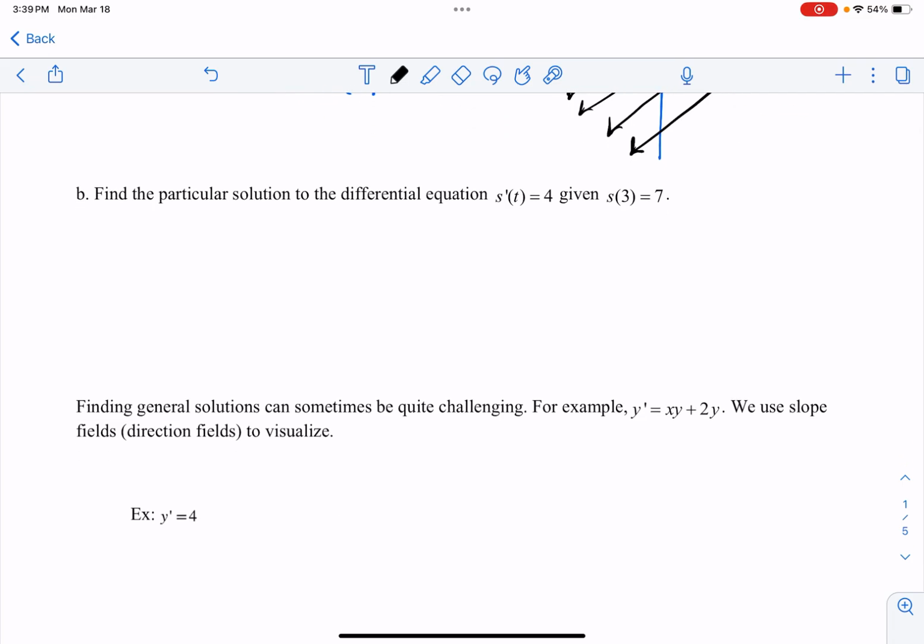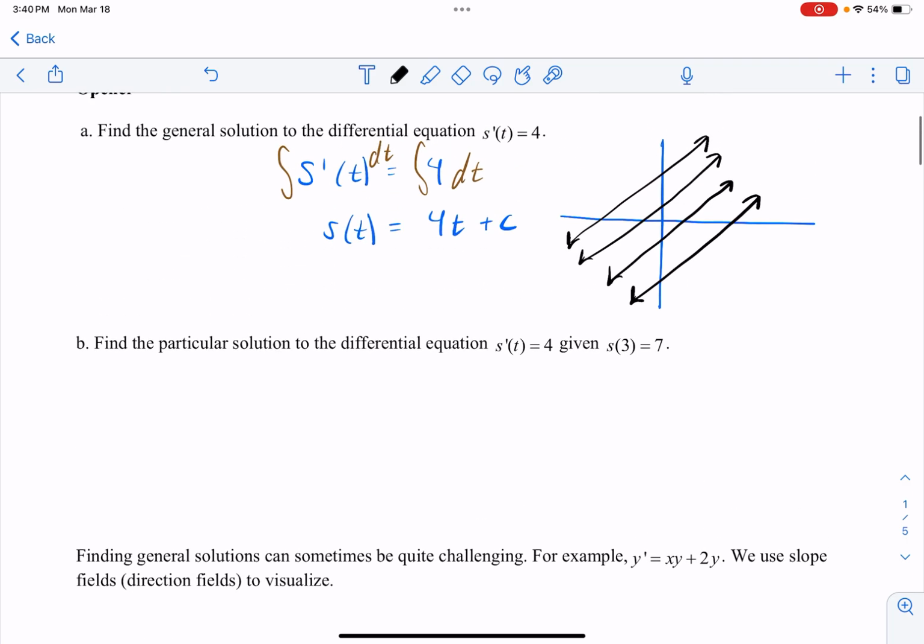Okay, the next one says find the particular solution to the differential equation s prime of t equals 4 given s of 3 equals 7. So we already solved s prime of t equals 4, right? So now we just want to find what that c value is equal to for this particular situation when s of 3 equals 7. So all you have to do is plug in: 7 equals 4 times 3 plus c, and c is 7 minus 12, or negative 5.